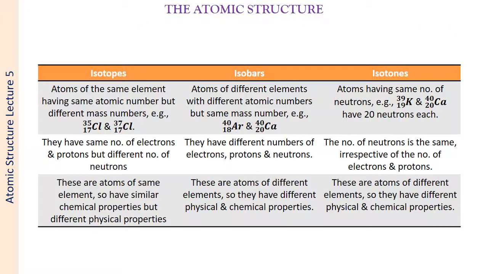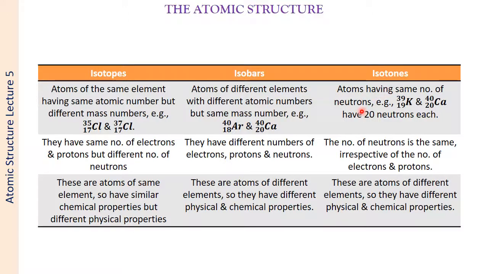So let us see a difference between the isotopes, the isobars and the isotones. What are isotopes? Atoms of the same element having same atomic number but different atomic masses. Then we have isobars, atoms of the different element with different atomic number but same mass number, and isotones having the same number of neutrons, right?